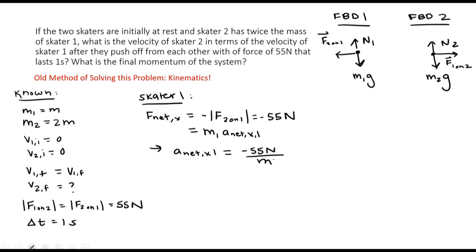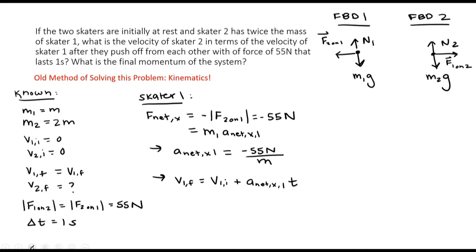What about the velocity of skater 1, the final velocity? Well, we know that v final of skater 1 is equal to v initial of skater 1 plus A net, all in the x direction really, for skater 1 times t. That was just one of our old kinematics equations for constant acceleration.